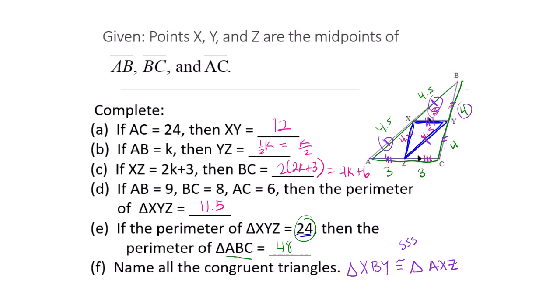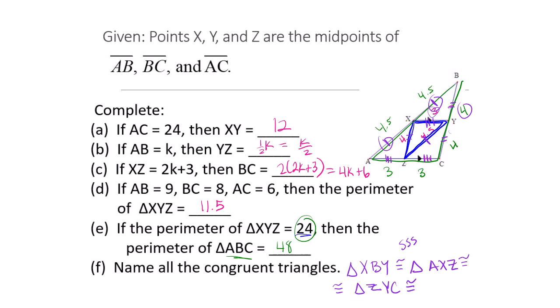By side, side, side. So we can continue this congruency statement and say that also triangle, let's make sure we put these in the right order, XBY and AXZ, I did that one right. So then these ones are a little easier to orient, so we'll do Z, Y, C. And then the last one, this one's kind of upside down, so it's a little bit trickier.